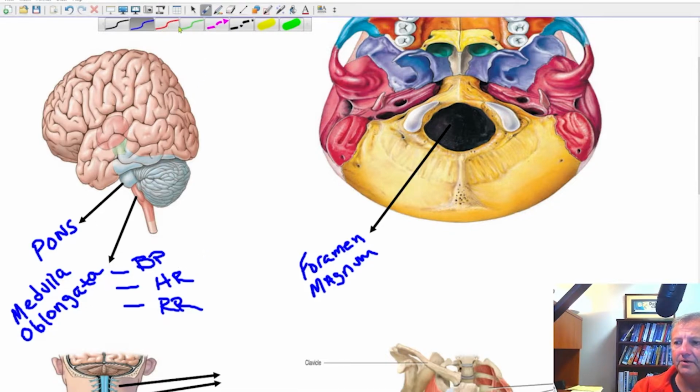And remember what I said earlier. We have our bleed up here in the brain. We have our cerebrospinal fluid. Oh, that's way too big.